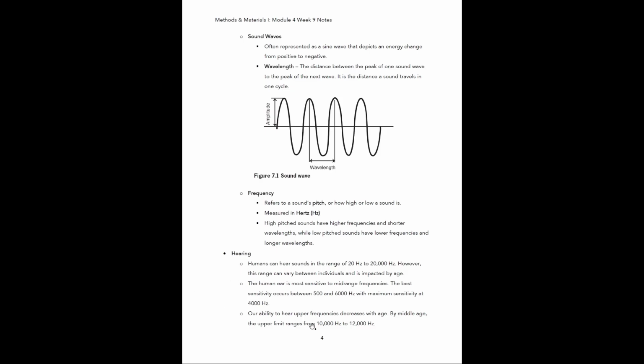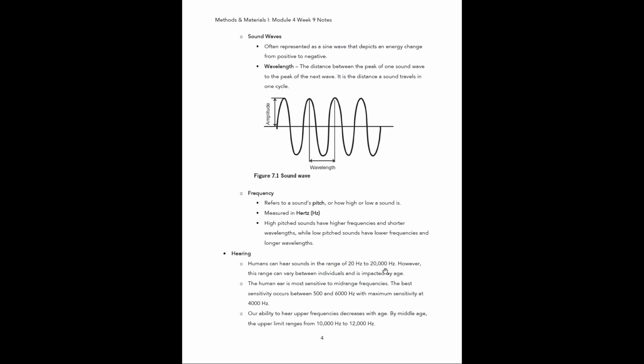Now we're going to talk a little bit about hearing. Humans can hear sounds in the range of 20 hertz to 20,000 hertz. However, this range can vary between individuals and is impacted by age. If you think of your parents, maybe you've played a high-pitched sound for them to see if they could hear it.